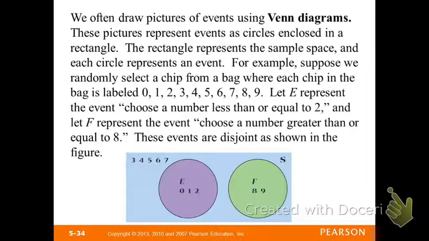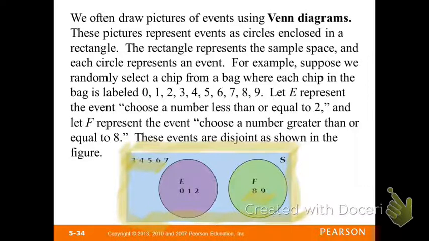Okay, here's a picture of what a disjoint event looks like. Let's skip the words here and look down at the figure at the bottom. This is our sample space. So our sample space is all the digits from 0 to 9. So 0, 1, 2, 3, 4, 5, 6, 7, 8, 9.